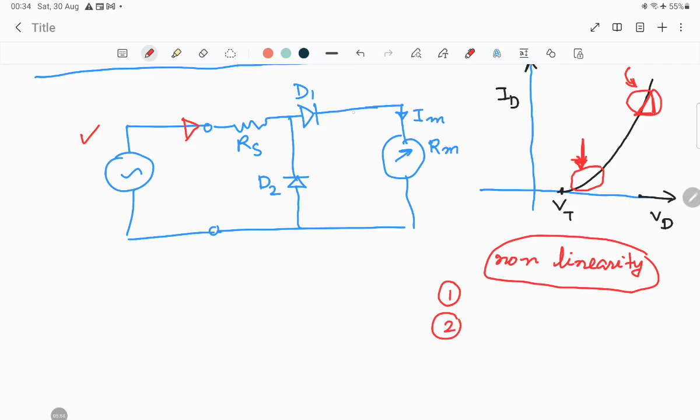If we simply connect a shunt resistance in this manner, RSH, then by introducing the shunt resistance, the resistance of the whole circuitry will become less than the previous version. So the current drawn by the diode D1 will become much higher, suppose in this area. From the non-linear region you will be able to get the linearity property.